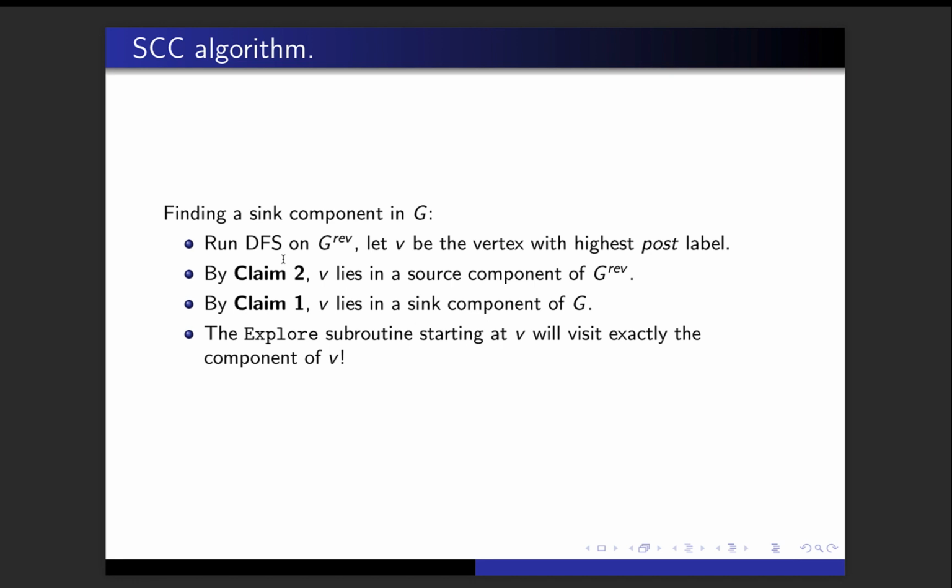If you drop the very last one, the one before will now take the role of the sink component. So now the highest post label remaining will be in this new sink component. So you can run explore again from this vertex. And then you keep doing this, identifying the components from the sink all the way back to the source component. And that is the strongly connected component algorithm.